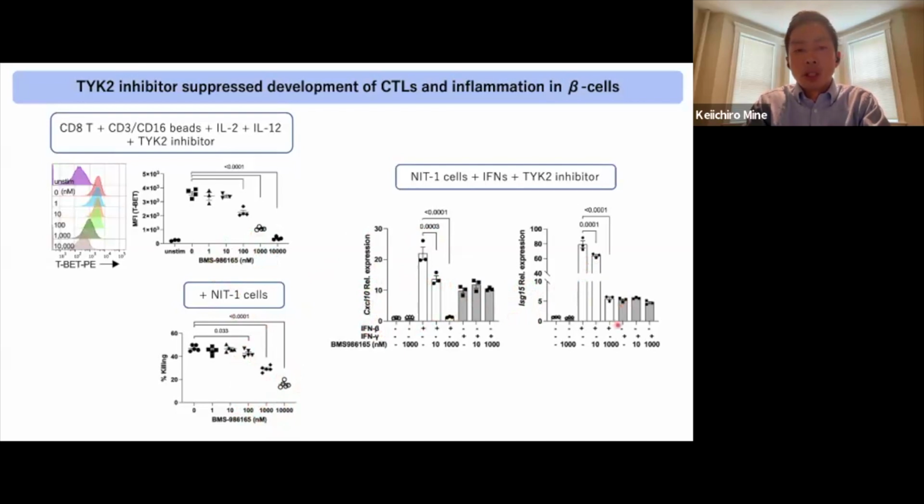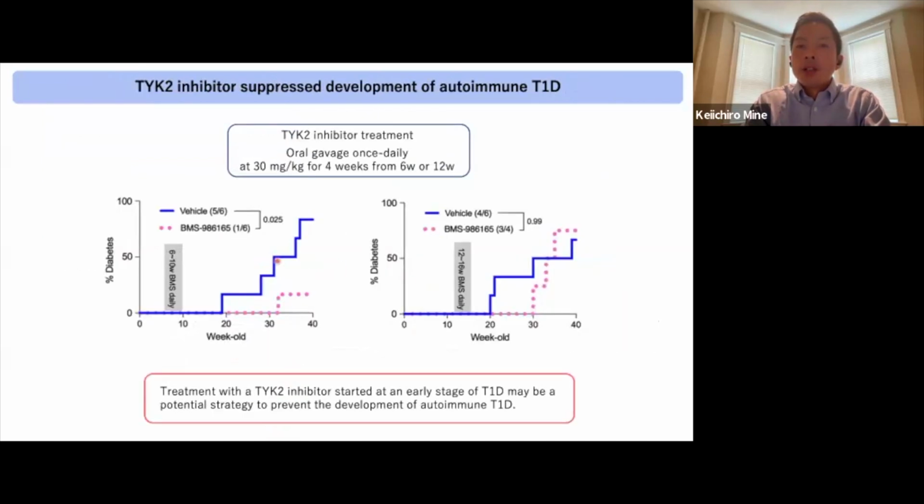Expression of chemokines and interferon-stimulated genes in beta cells induced by type 1 interferons was suppressed by TYK2 inhibitor dose-dependently. NOD wild-type mice treated with TYK2 inhibitor by oral gavage once daily for 4 weeks from 6 weeks of age had reduced diabetes incidence compared to vehicle-treated mice.